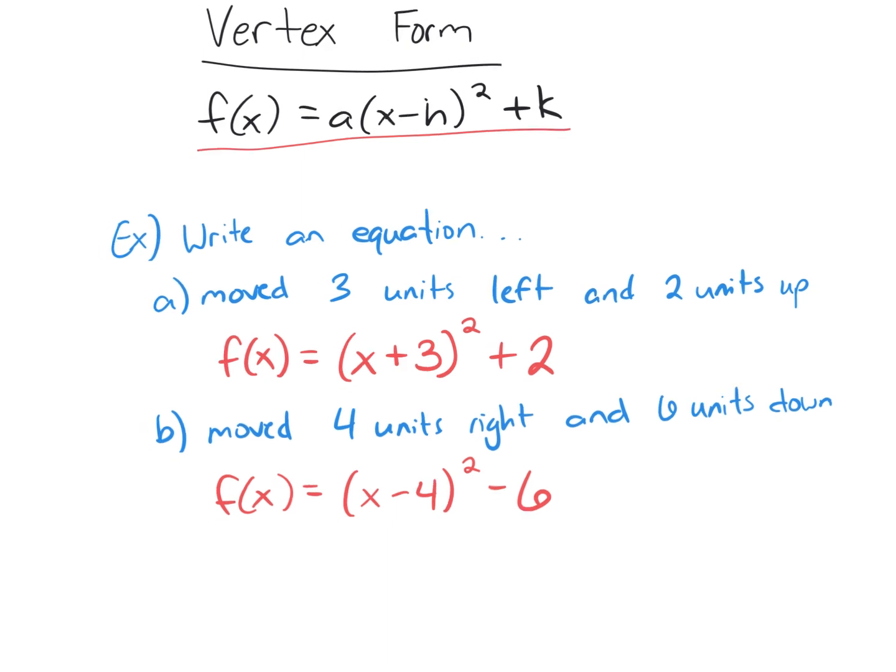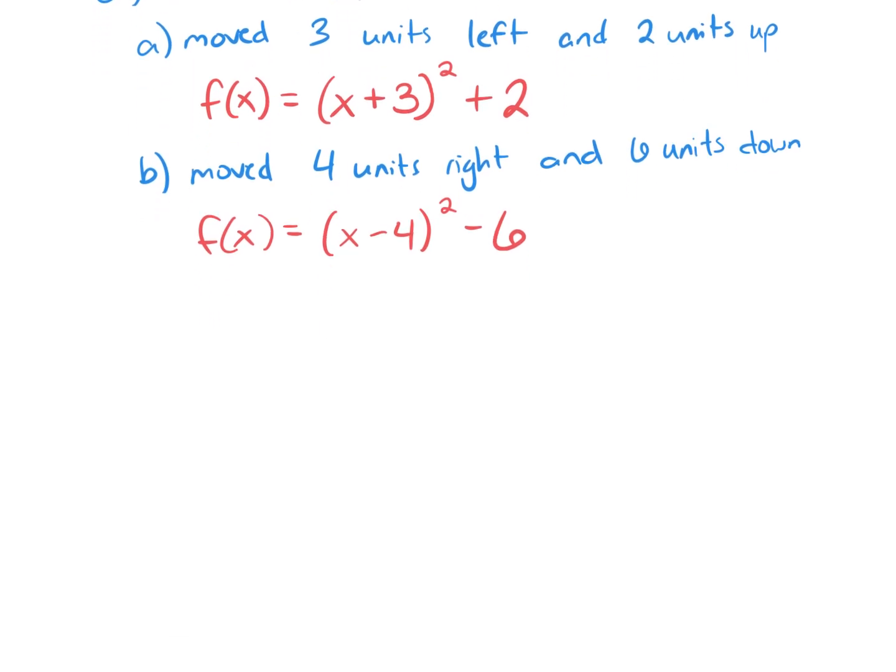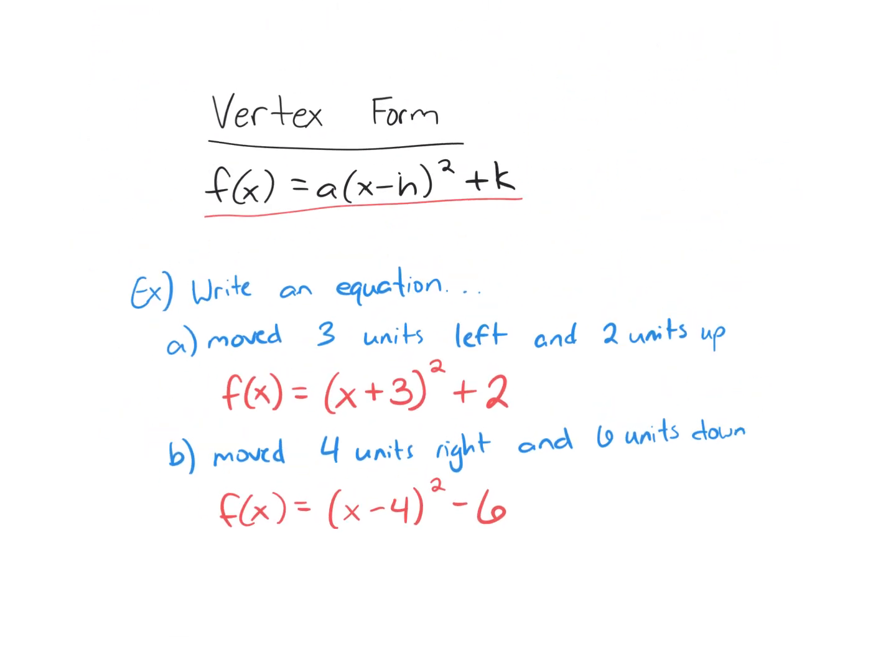Next thing I'm going to ask you about on the quiz is those key features. I'm specifically talking about the vertex form still. So these are the key features of the vertex form.